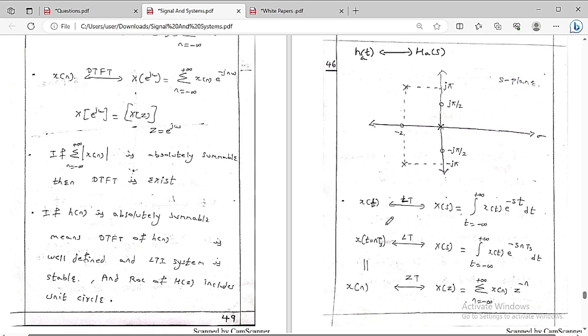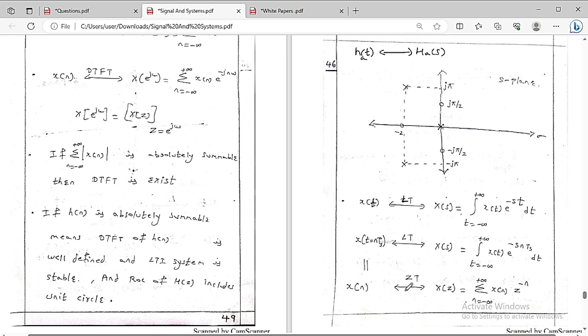I am converting, with the help of sampling, so here also replace t by nTs. So this one I am going to assume is nothing but x[n].